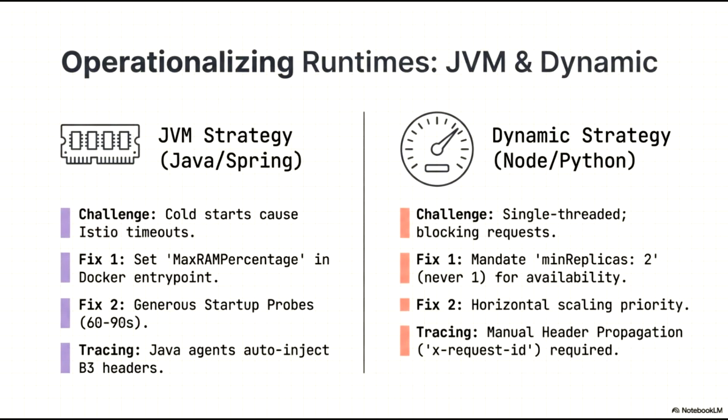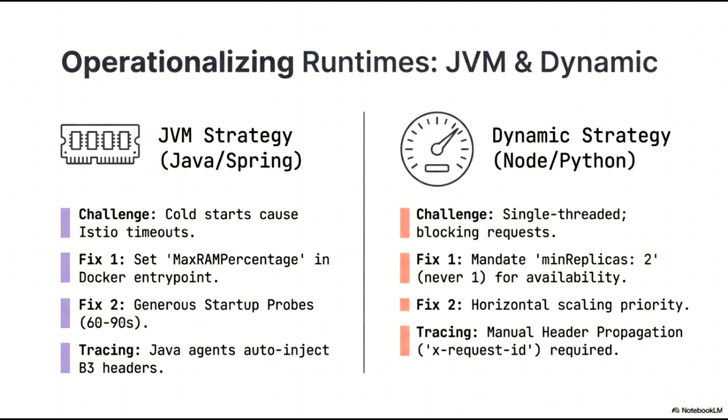When operationalizing runtimes, we must distinguish between the specific needs of JVM-based systems and dynamic environments like Node.js or Python. For the JVM strategy, commonly used with Java and Spring, a recurring challenge is the cold start, which frequently triggers Istio timeouts.